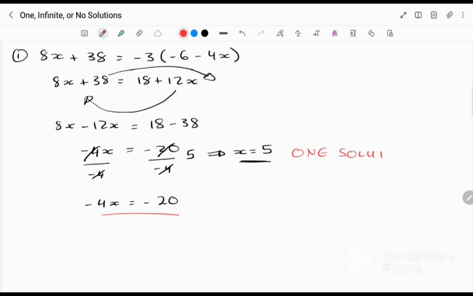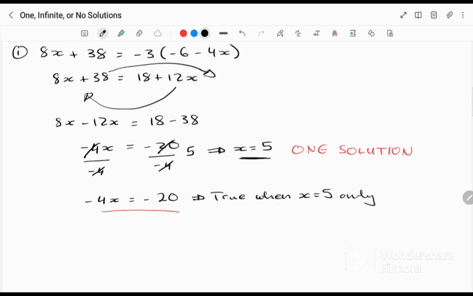No other number apart from 5 will make this statement true. So we'll say this statement is true when x is equal to 5 only.